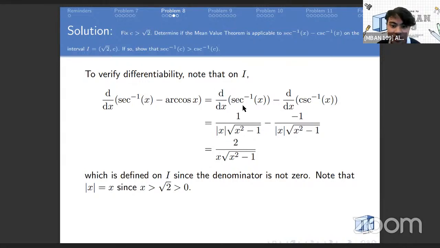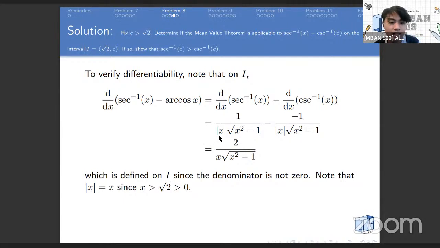So matutunan natin na yung derivative ng arc secant is 1 over the quantity absolute value of x times the square root of x squared minus 1. Tapos naman yung derivative ng arc cosecant is just the negative of the derivative ng arc secant. So kapag in-evaluate, makukuha natin is 2 over x times square root of x squared minus 1, which is defined on I since the denominator is not 0.